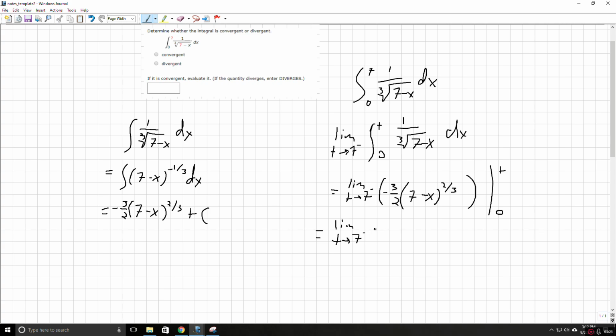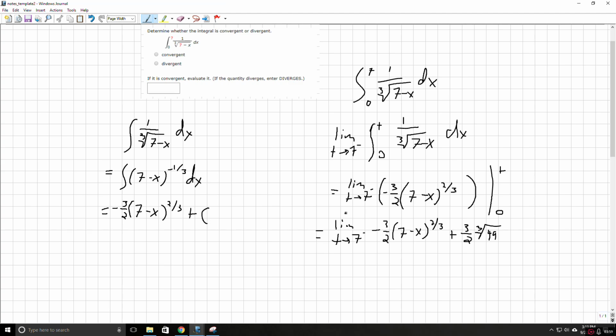You end up getting, now you're going to subtract f of 0 here. But since it's negative, you're just going to go ahead and add it. 7 minus 0 is 7. So you're going to get, what is that? The cubed root of 49.